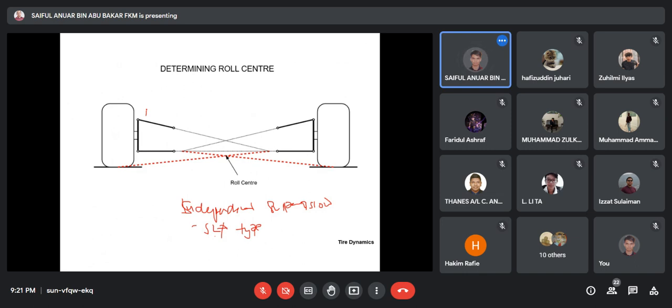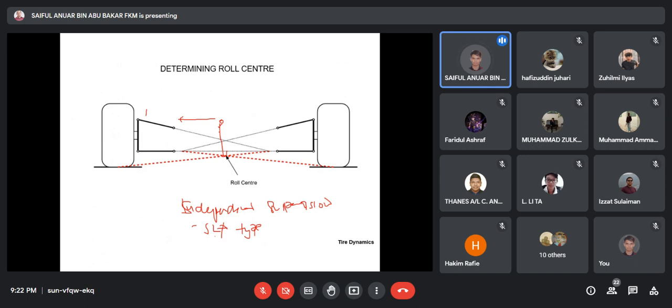Okay, and this is where we have the roll center, and usually this is the CG. So the roll center is over here, and usually this is the distance. We will try our best to reduce or minimize this, the distance between the roll center and the CG.